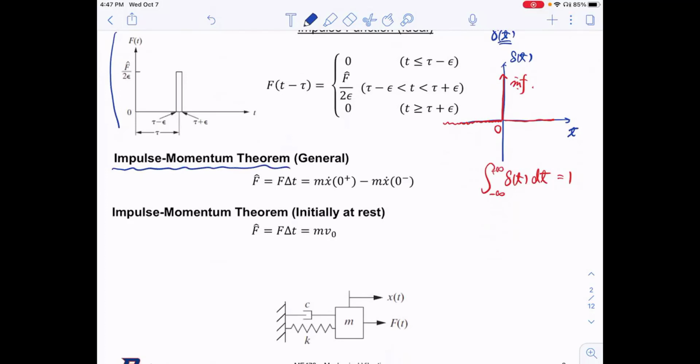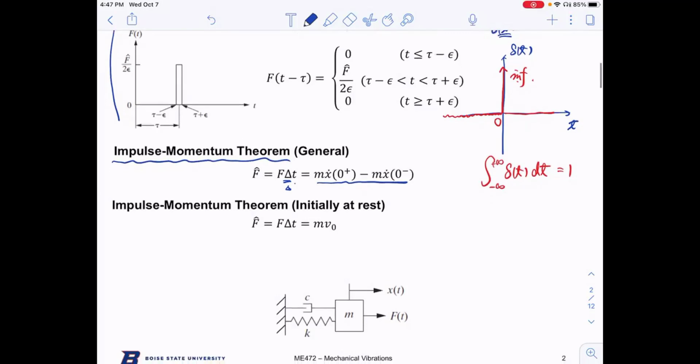When you apply a force and this force lasts for a certain period of time, force multiplied by time is going to generate a momentum. Basically, that's going to change the velocity of your object.